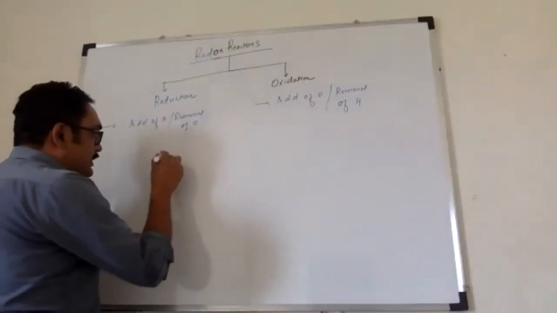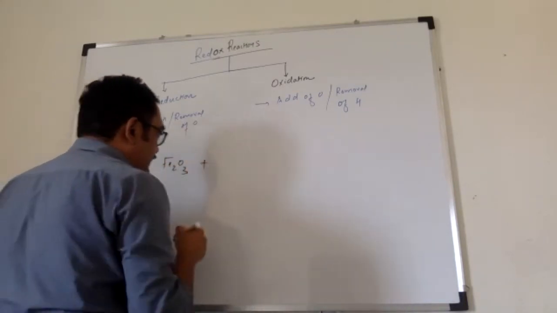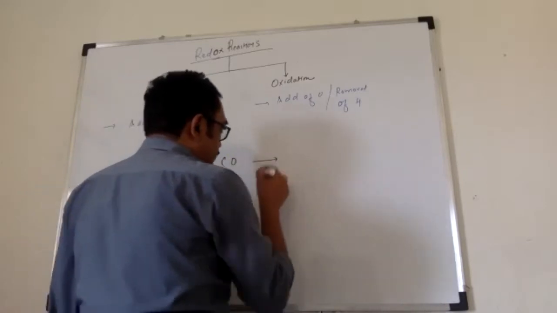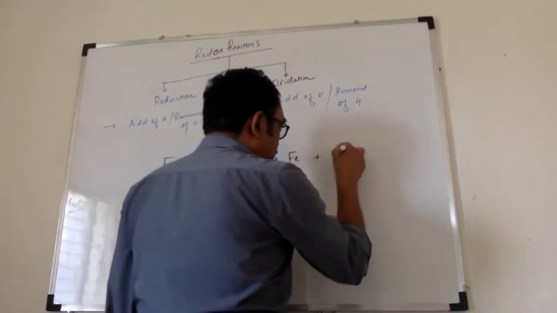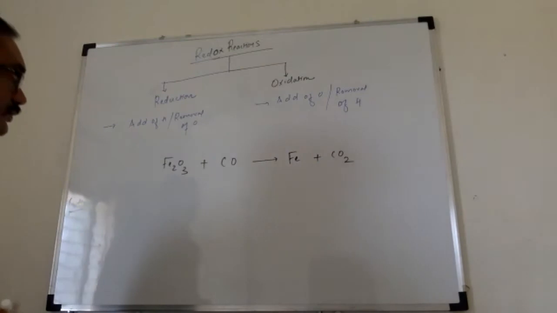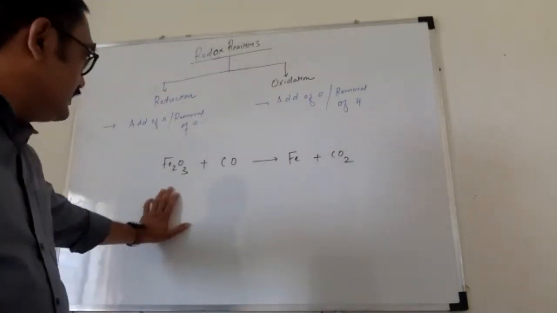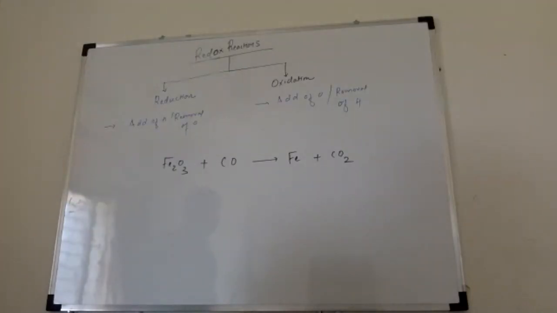See, the reactant is Fe2O3 that is reacted with carbon monoxide to form Fe and CO2. So there is Fe and there is CO2.